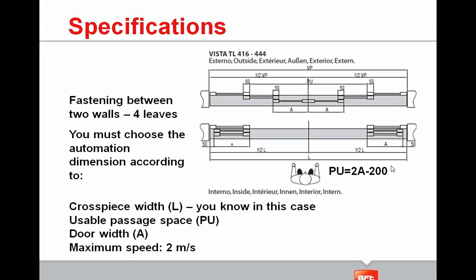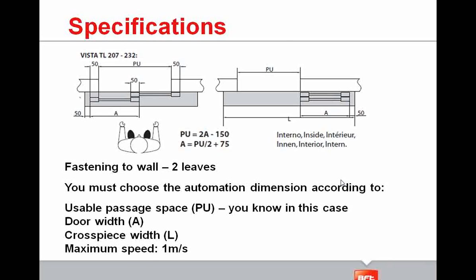For example, in this case, the usable passage is, oh sorry, it's wrong. It is 4 times the dimension of the leaves minus 200, because it is 50 plus 50 plus 50 plus 50. Okay, so these are only 2 examples of installation.